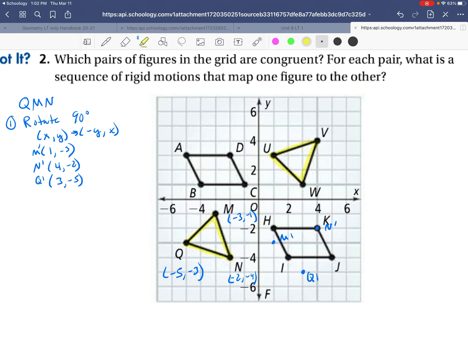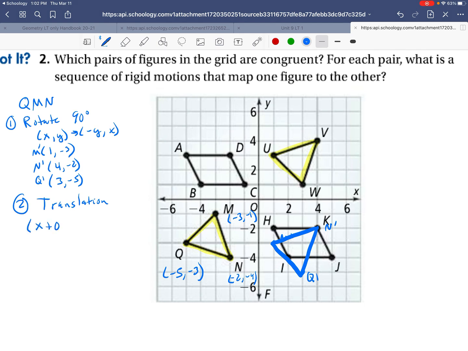Now, if I connect these guys, I get that triangle. So that looks like the orientation of my UVW. So now it's a matter of a translation. So my second step would be a translate of, it's not going left or right.